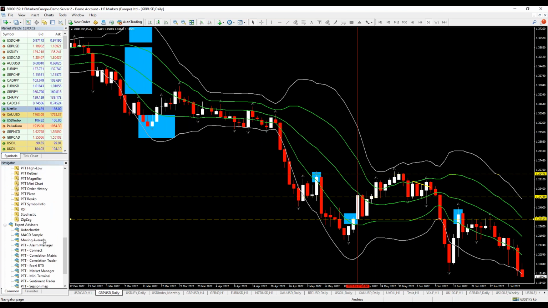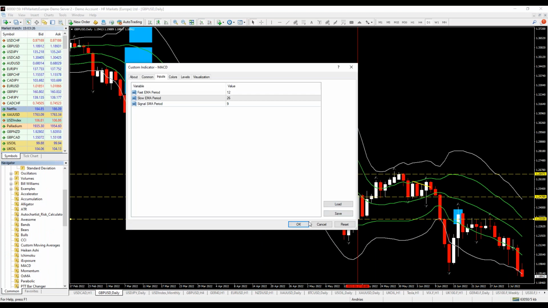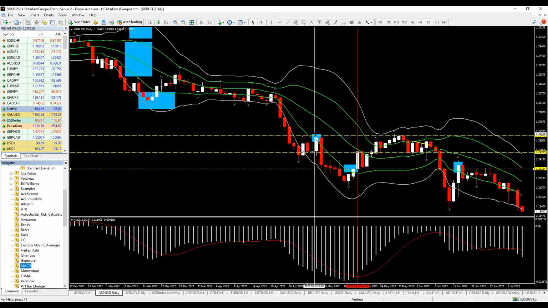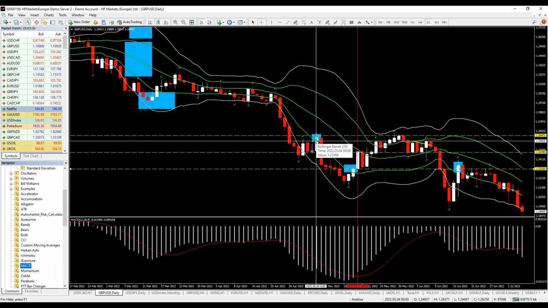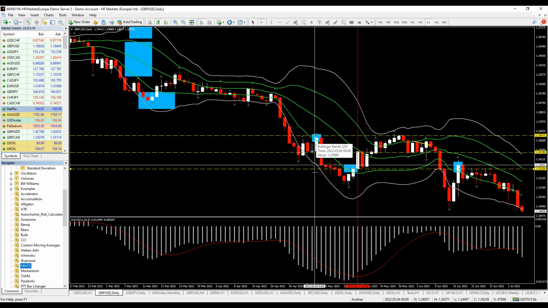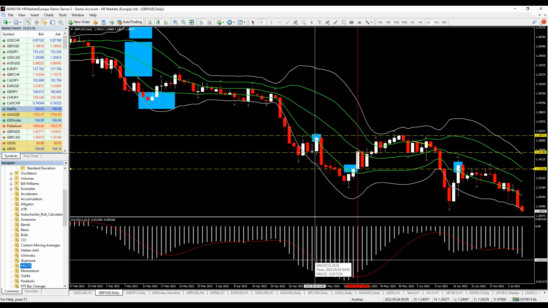So if I use my MACD over here, where's my MACD? Here it is. Let's see. Okay, you see, very, very interesting. Instead of showing some kind of a detection of the selling pressure, it shows further decline.